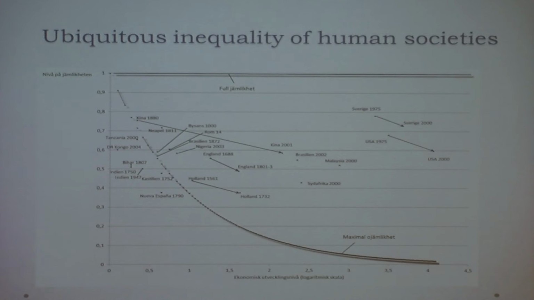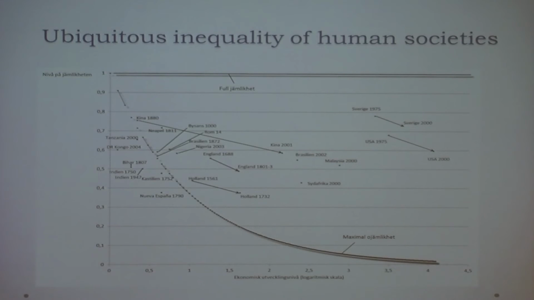So it is possible under certain circumstances to couple a rising GDP level with increased equality. But leaving politics aside, we could ask a question: what is the explanation behind this general picture that virtually all societies in human history have been characterized by inequality? Why isn't society striving spontaneously towards full equality, sort of the horizontal line here at the top?